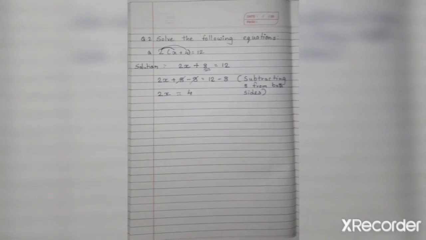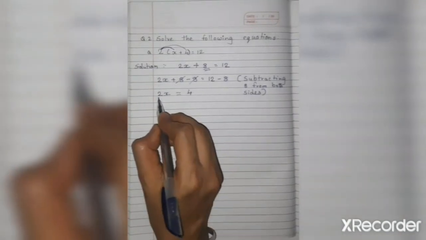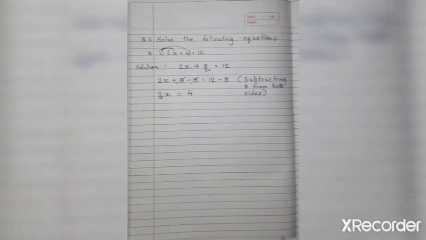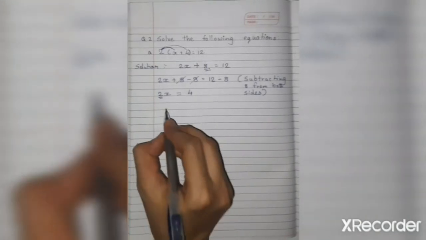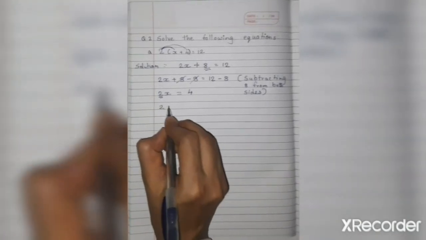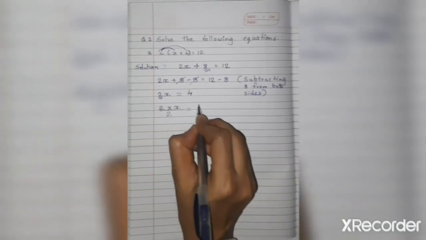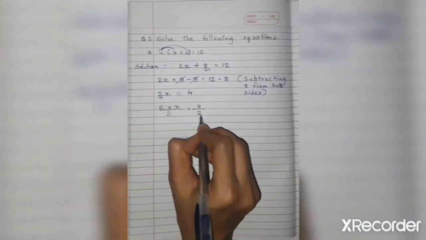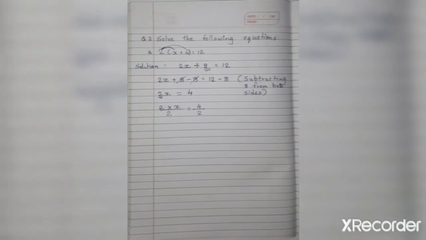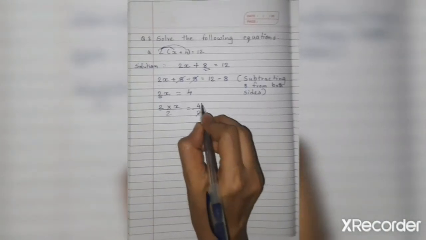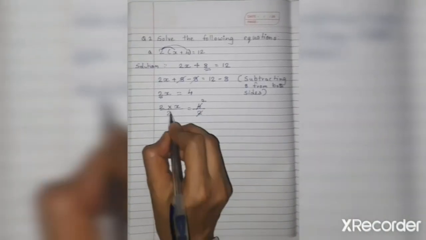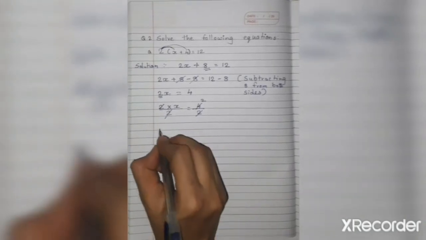Now what will be the next step? Here we have to separate 2 from x. So we will divide 2x divided by 2 equals to 4 divided by 2. 2 2s are 4. Here we can cut 2.